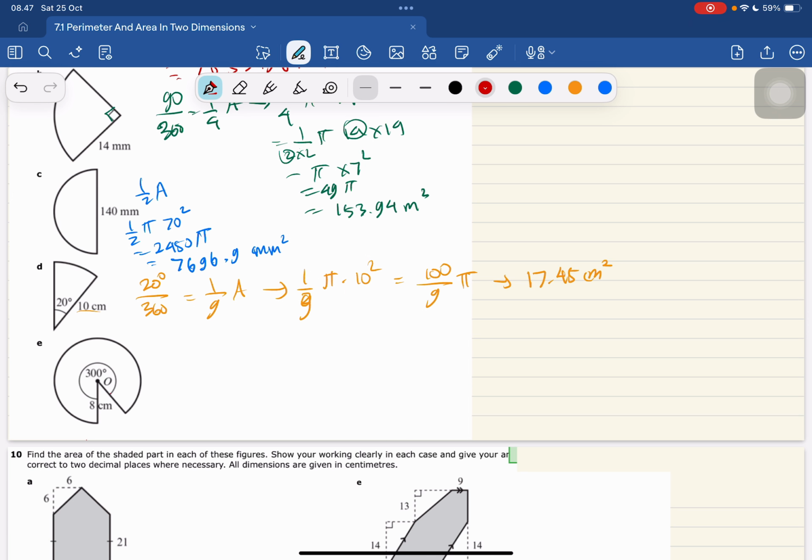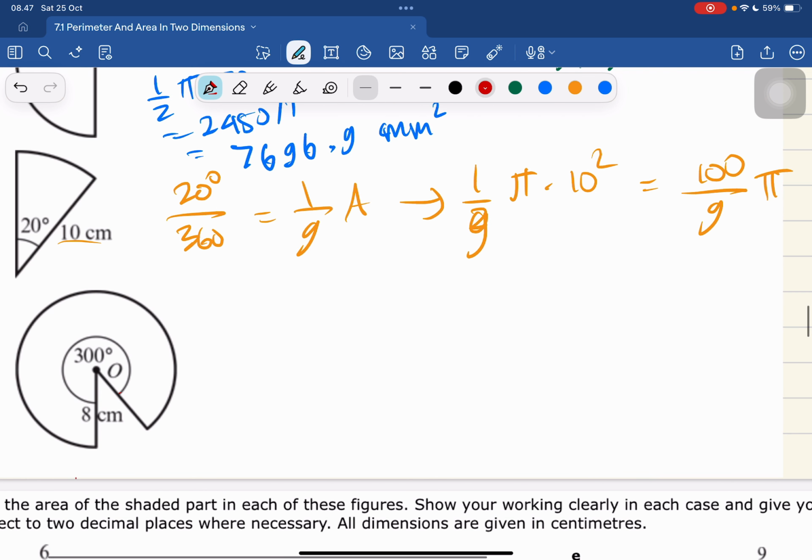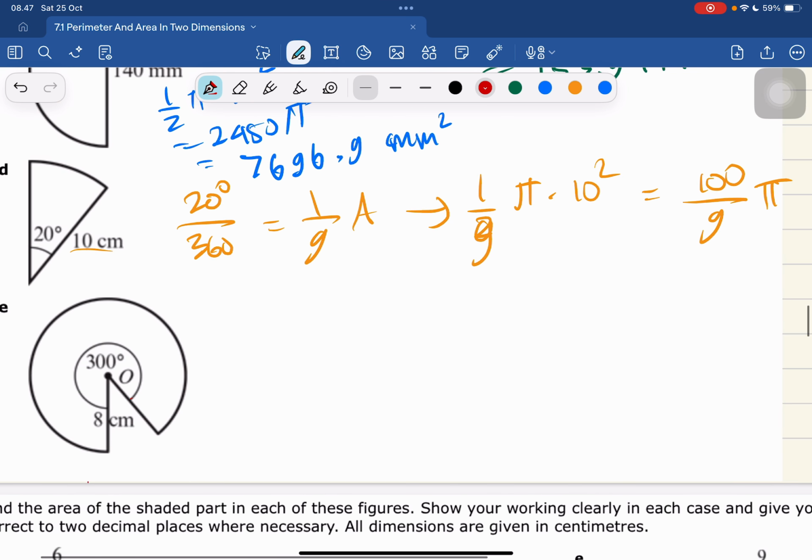Next for the E. Okay, so 300. So we got 300 degrees over 360. We divide by 6, 5/6 of the area.